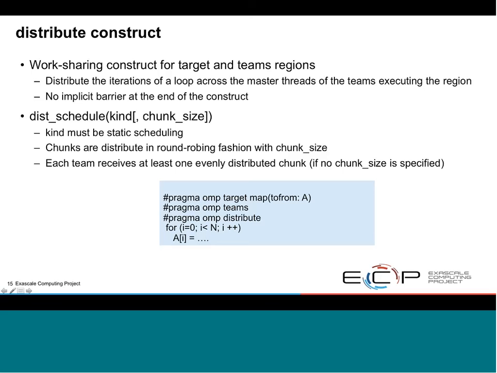The restriction here is that these iterations cannot synchronize across teams, and there is no barrier at the end of an OMP distribute construct. We can specify a type of scheduling with a chunk size, and this schedule is static.